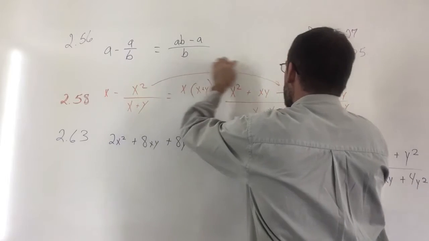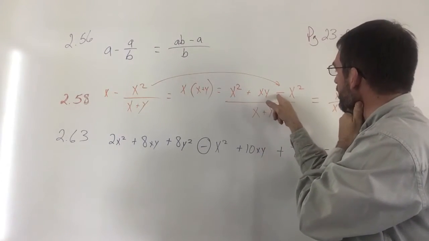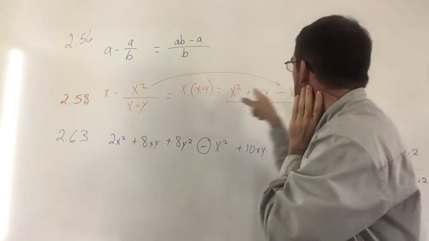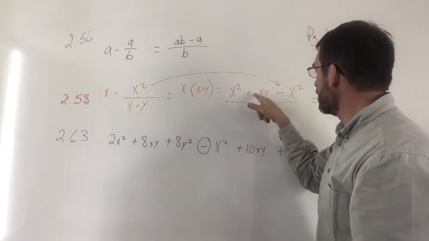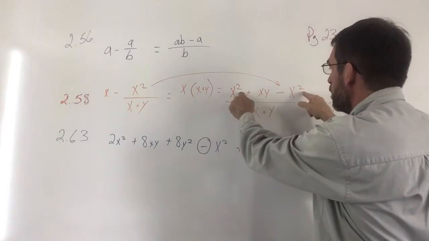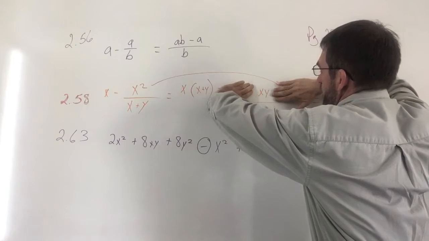Now I brought the 2x over here. And if you look, this is a negative sign right here. Now, I have this x squared and this xy. X squared and x squared are the same here. One's positive, one's negative. You can erase those, and that's your answer.